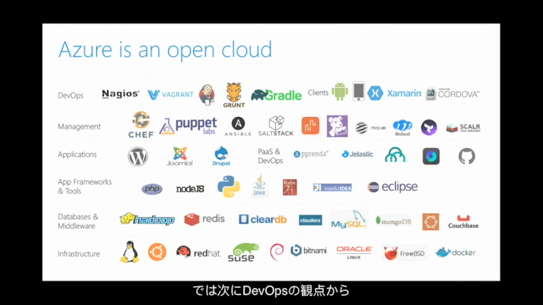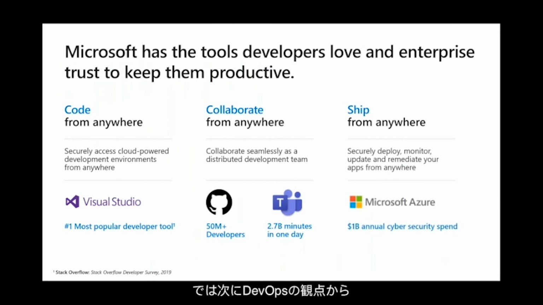So moving on from a DevOps perspective, I'd like to now go a little more into detail on how Microsoft is able to help, what tools it provides developers, and what we are thinking about when we think about that end-to-end productive conversation. So one is essentially being able to code anywhere.